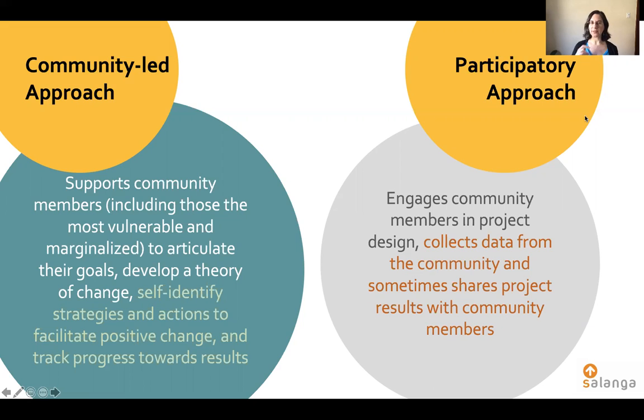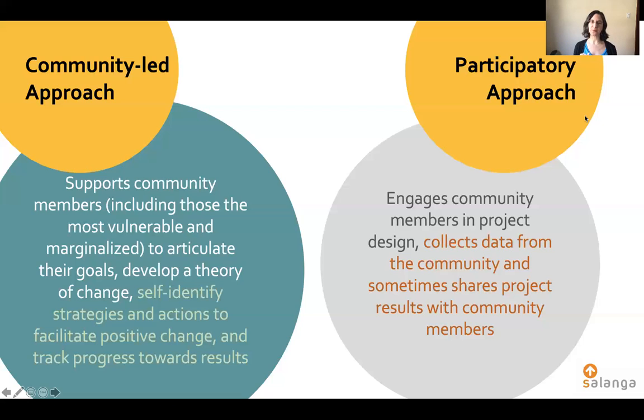They're the ones articulating their own goals, the change that they would like to see, their theory around how that change can be achieved, and then they identify strategies and actions that they can undertake to facilitate change in that direction. And then the monitoring and evaluation is around progress toward those results that they have defined. So they're monitoring and evaluating based on their own agenda.